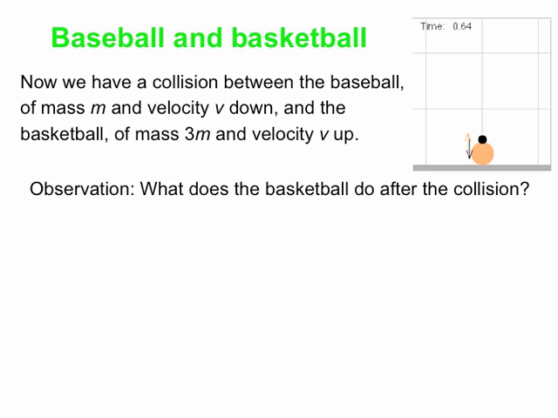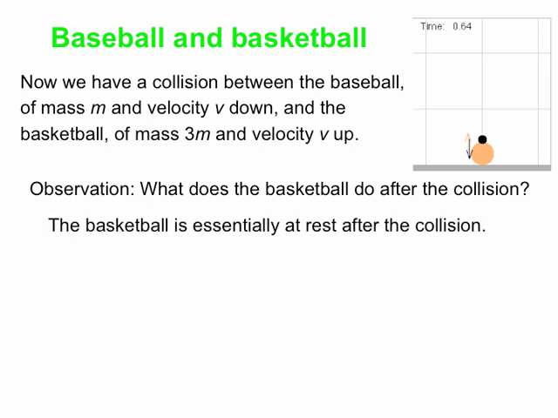If you actually see this happen, and you look at what the basketball does after the collision with the baseball, you see that the basketball is essentially at rest. So after this collision, the final velocity of the basketball is 0. We could make use of that. We'll do that first, and then we'll do a better analysis where we don't make that assumption.